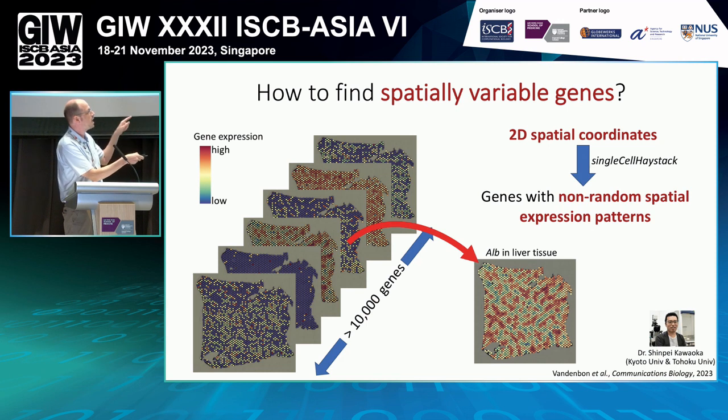Give the x and y of each spot or each cell or each bead as input. And then the rest of the method is exactly the same. It will estimate the density of spots in that 2D space, and then estimate the expression density of the genes within the same space, compare between them and predict the spatially variable genes. So the method is exactly the same, but the input space is 2D here.